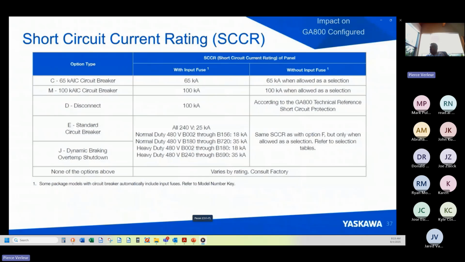Otherwise you would have to overshoot and say, I always need 100,000 amps because I don't know, but that will force you into a more expensive package. So the best thing is to know what the customer's available fault current is and match it up with purchasing equipment that has an SCCR rating that is adequate but not overkill. So we try to help you with that by making note of that in our documentation.